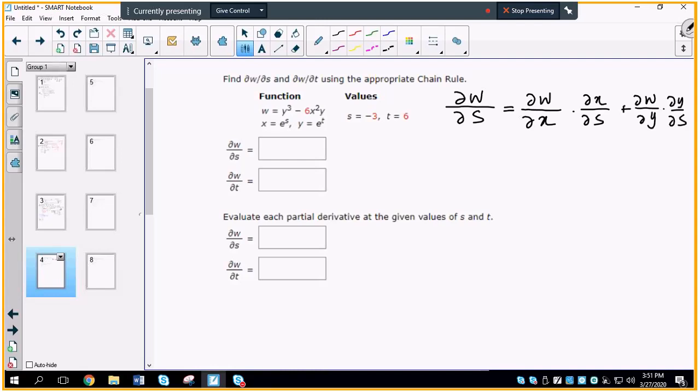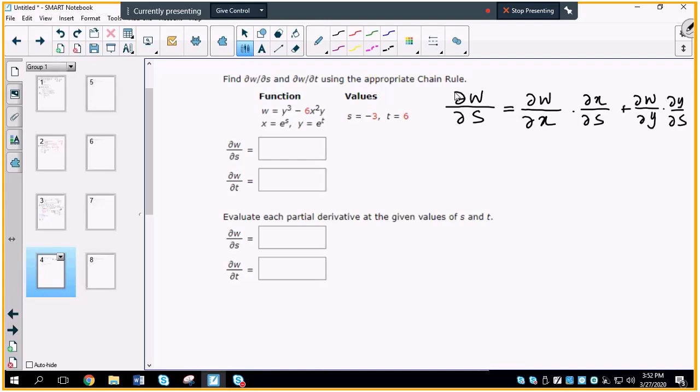Now, why I cannot say the left-hand side, like we have said in the previous situation, is equal to a total derivative? Well, if you think of it carefully, w is a function of both x and y, x is a function of s, and y is a function of t. So when you are trying to take the derivative of w with respect to s, you are only getting the partial change of w with respect to the s changes.